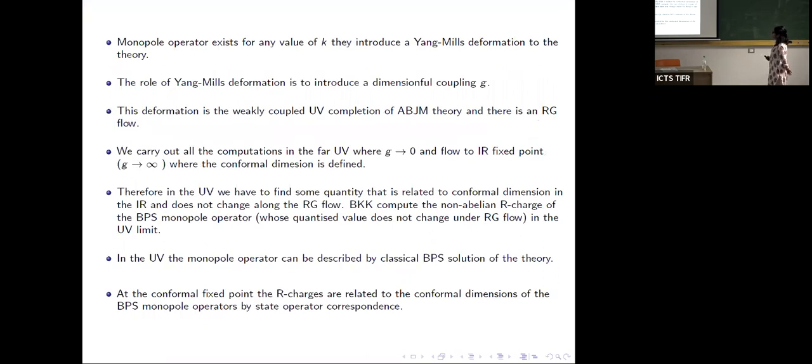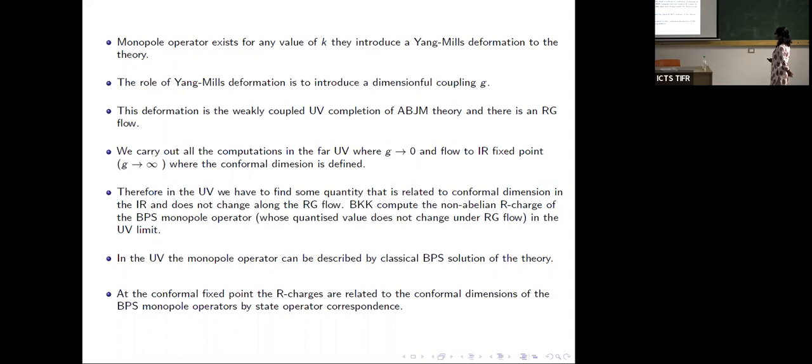Since the monopole operators exist in the theory for any value of k, we introduce a Yang-Mills deformation to the theory. The role of the Yang-Mills deformation is to introduce a dimensionful coupling g in the theory and provide a weakly coupled UV description. So for very small values of g, we can do a perturbation theory computation and compute whatever desired quantity.